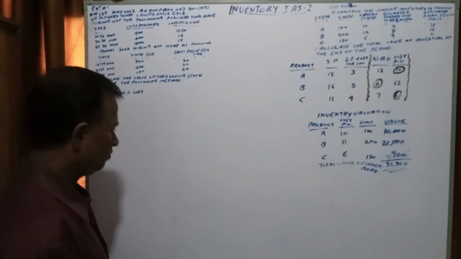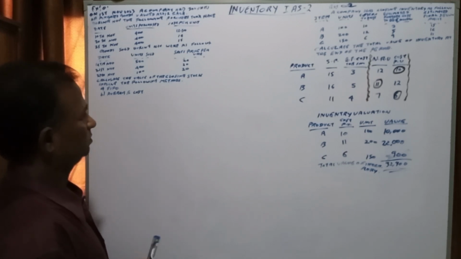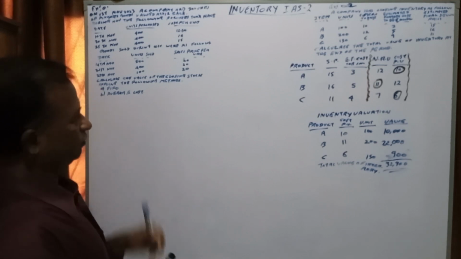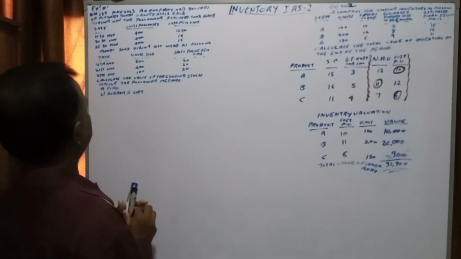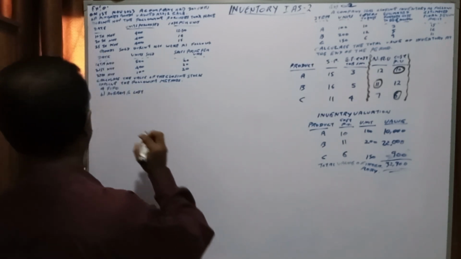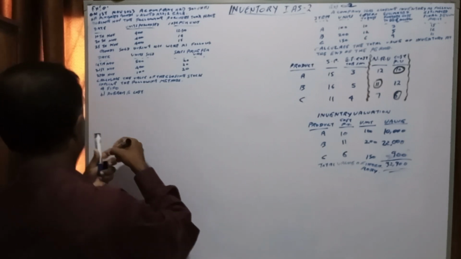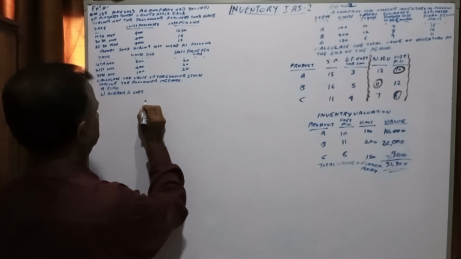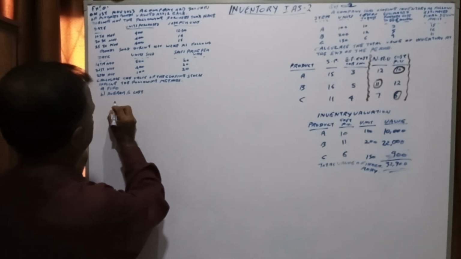So first of all, we go for the average cost method. Sorry, no, not the average, FIFO, first in first out method, right? So here we will say date.